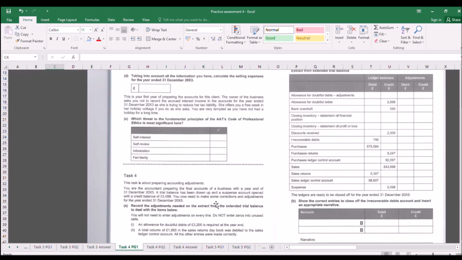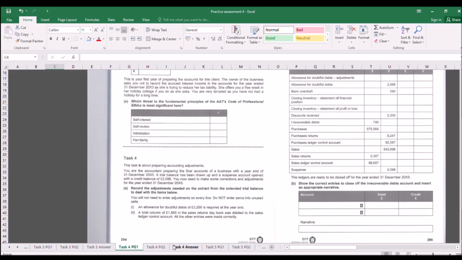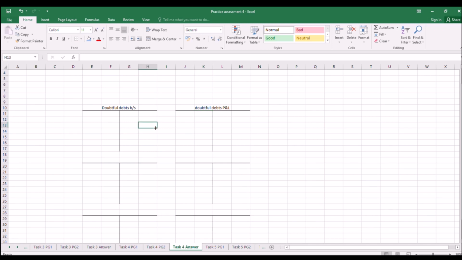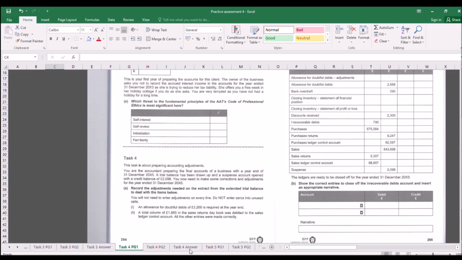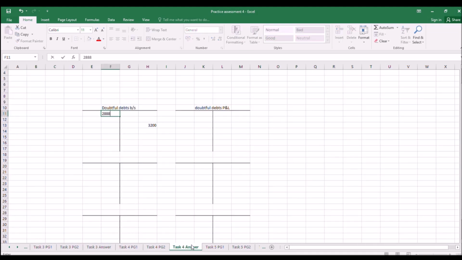Right. So we've got 3,200 at the end of the year, so that's going to be the carried down in here. We've got 2,888 there, so the difference has got to be the journal here, that minus that. Make sure it goes that way.